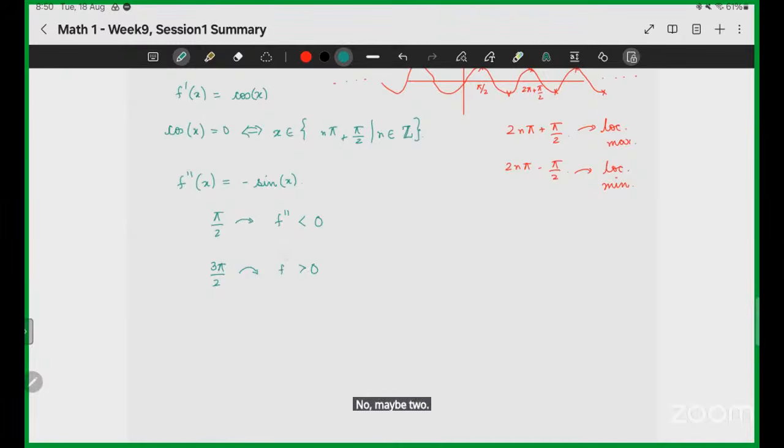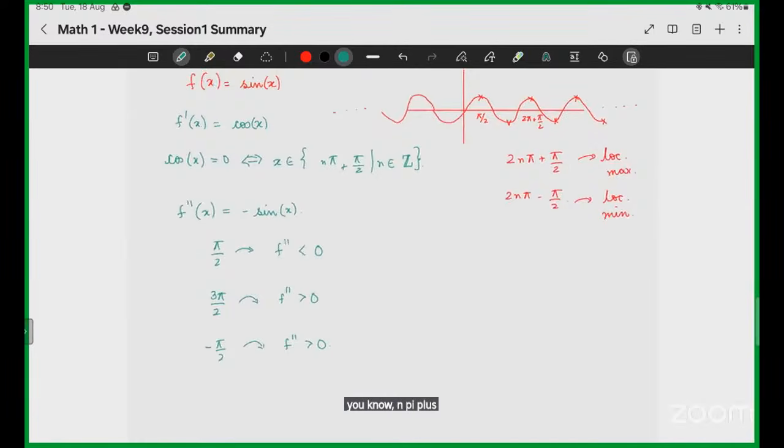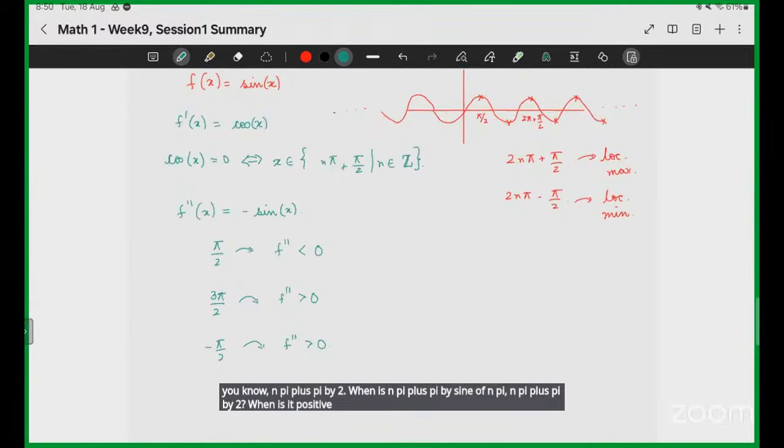So at 3 pi by 2 it will be positive, sorry. At minus pi by 2, it's positive. Now if you look at the general term n pi plus pi by 2, when is the sine of n pi plus pi by 2 positive?